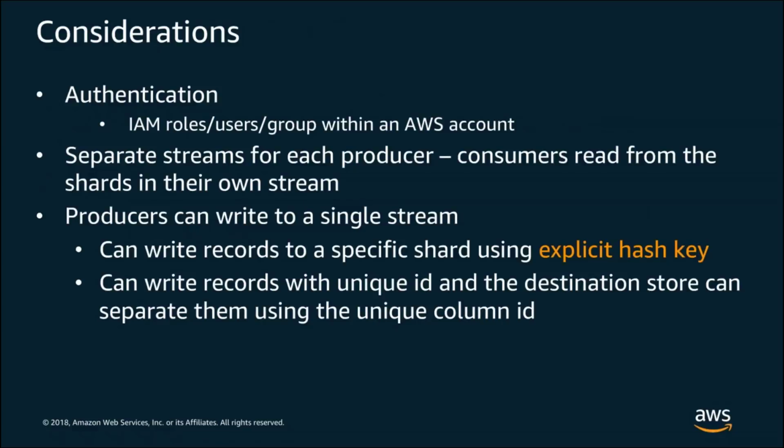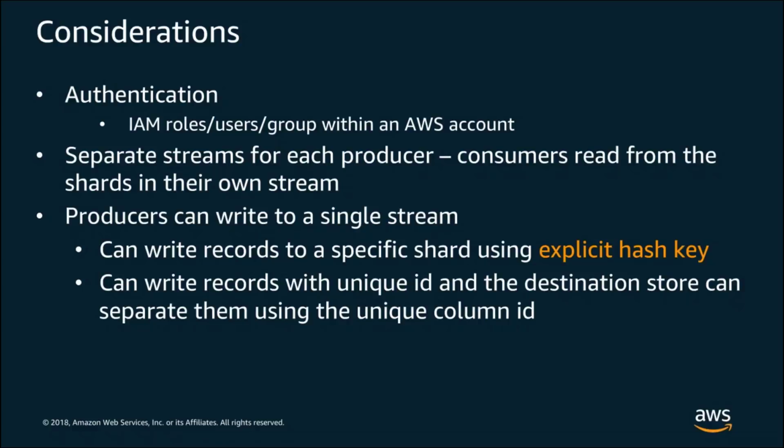There are certain considerations to look into when you are implementing multi-tenancy with Amazon Kinesis Data Streams. For example, for a silo mode, you can create separate streams for each producer, which means that each data producer is writing to a different stream, and the consumers can read from the shards in their own stream.